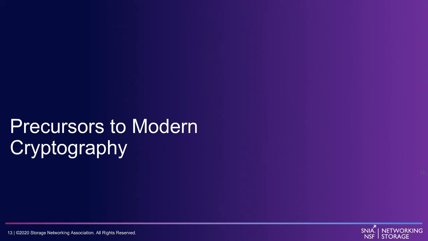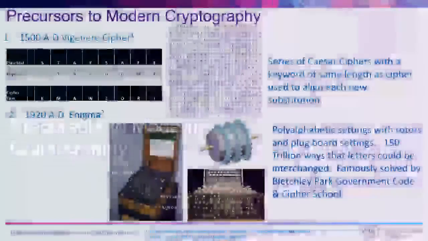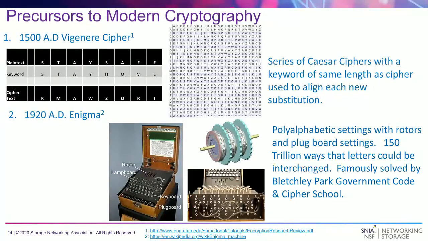Okay, so we went all the way back 4,000 years to Egypt, and I think we referenced pop culture in modern day, and there's kind of a transformation in between that starts the jump to modern day cryptography. So some of those examples: the Vigenere cipher.